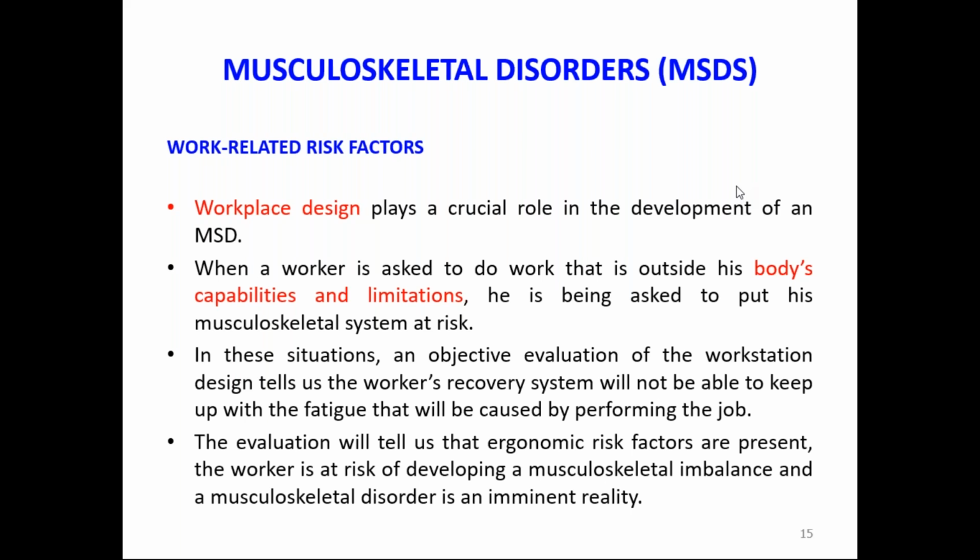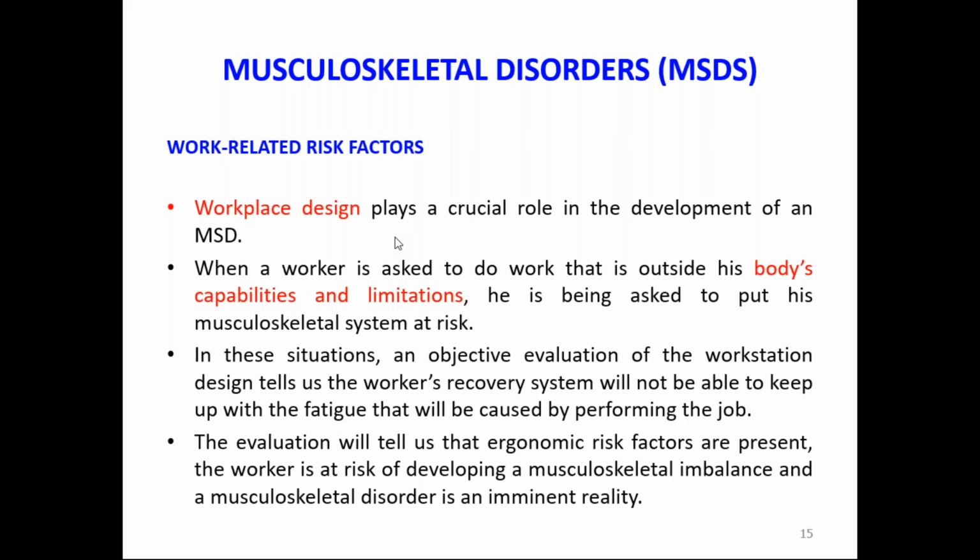Work related risk factors. Workplace design, we already discussed when we talked about the IT industry and the electronic industry: the table, chair, desktop, laptop, whatever equipment is used, that is nothing but the workstation.